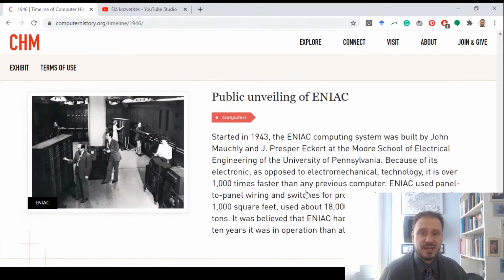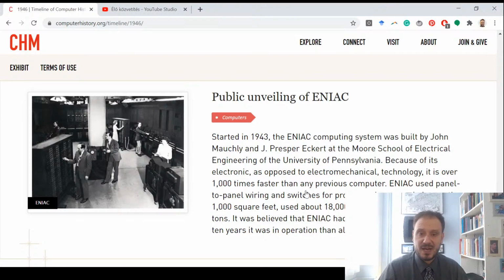The public unveiling of ENIAC was made in 1946. And it was 1,000 times faster than the previous computers. The previous ones were electromechanical, and this computer was completely electronic.